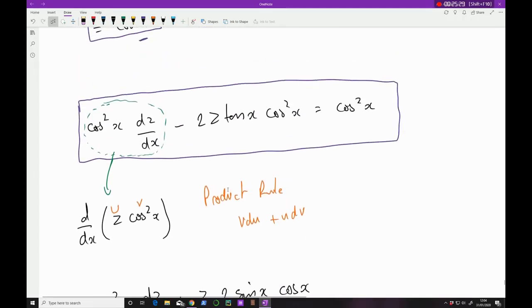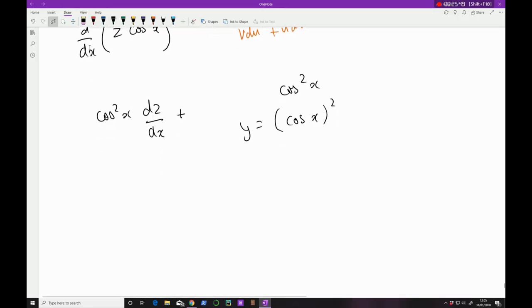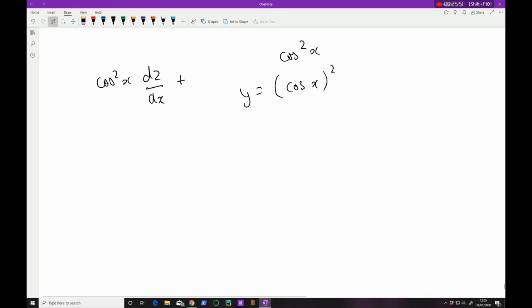Think I might have made a mistake here somewhere. So let me just take a step back for the moment. So I've got cos squared x, and I need to solve this using chain rule. I'm first of all going to make a substitution.